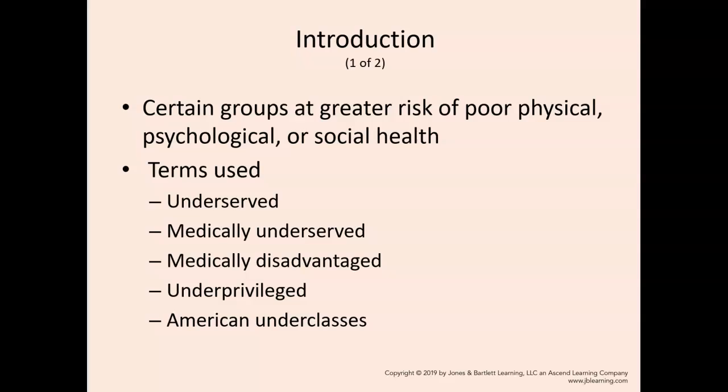We'll keep reading. As a consequence, members of these groups are at greatest risk for poor physical, psychological, and social health. They don't seek medical care. Some of the terms used to describe them are listed here in the PowerPoint: underserved, medically underserved, disadvantaged, underprivileged, underclasses.